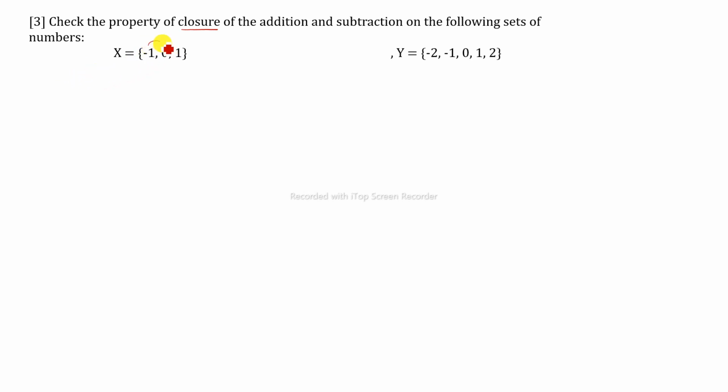We take every two elements and add them. Negative 1 plus 0 is equal to negative 1, which belongs to x.